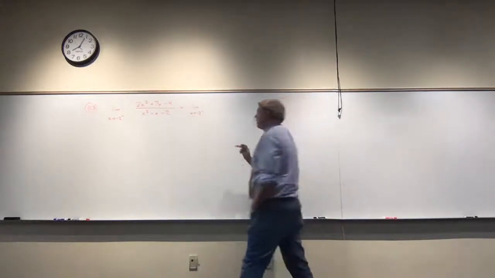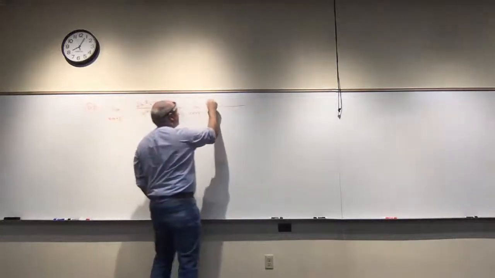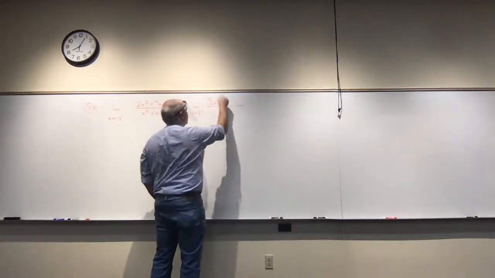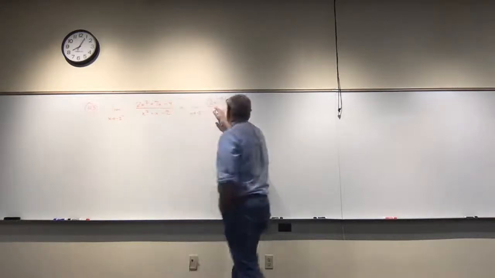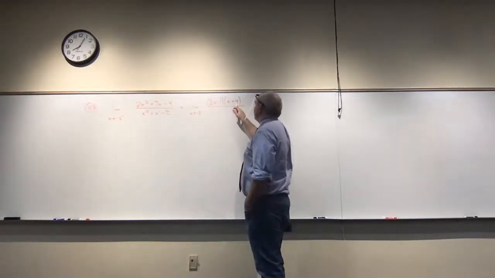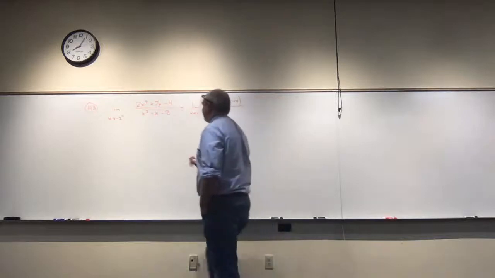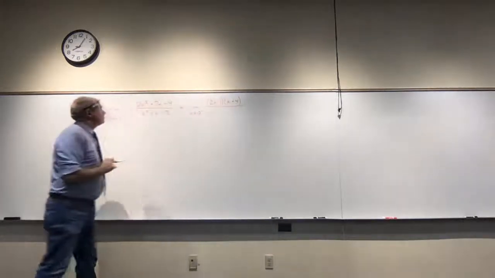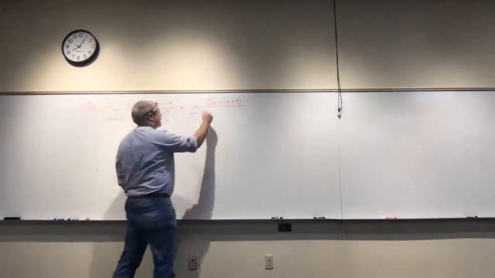Yeah, what does it factor to? 2x minus 1 and then x plus 4. Okay, so we get 2x squared plus 8x minus 1x, 7x minus 4. Perfect. And then can we factor the bottom? How about x plus 2 times x minus 1?